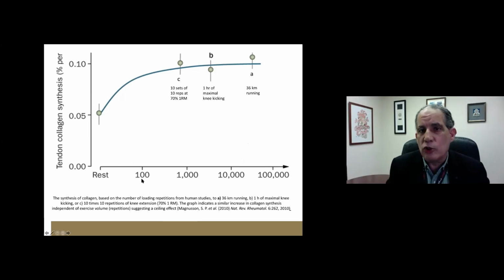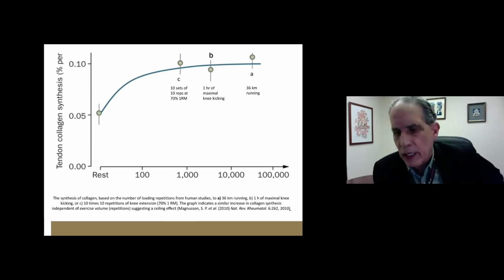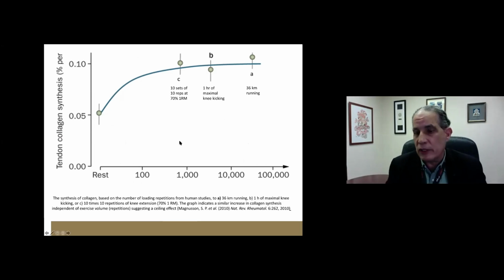Now, if you want to increase collagen synthesis, look at this model, repetitions. This was published in Nature Reviews Rheumatology a few years ago. This is how much increase in tendon collagen you see with 10 sets of 10 repetitions at 70% of the 1 repetition maximum. This is 1 hour of maximal knee kicking, and this is running 36 kilometers.